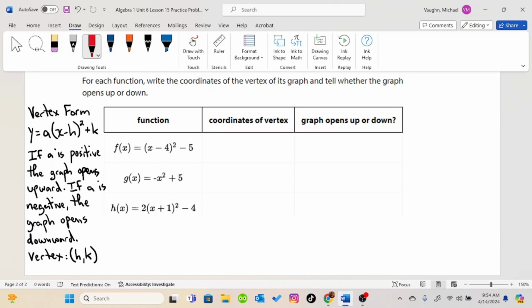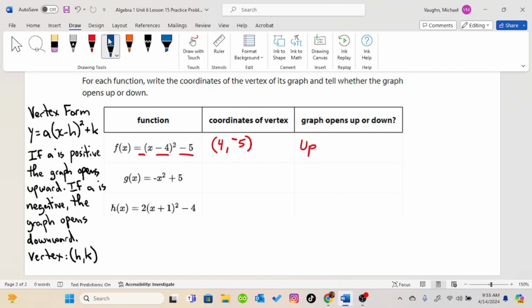So if I want the coordinates of the vertex, then it's minus h, which means h is 4. And it's plus k, which means k is negative 5. And to know whether it opens up or down, I look at A, and A is positive 1, so this opens up.